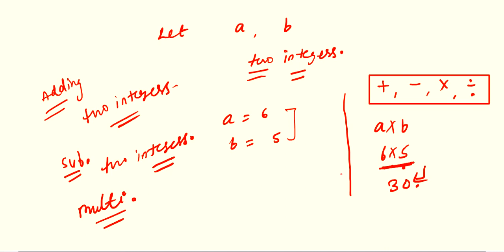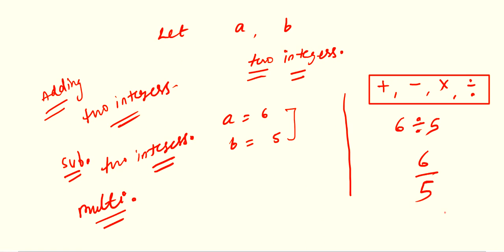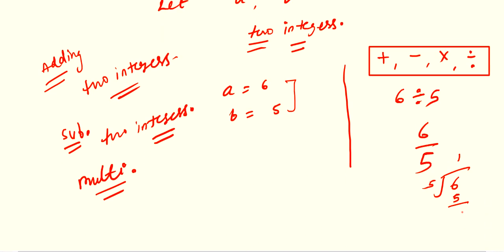Now what about division? For example, 6 divided by 5. 5 ones are 5, remaining 1, then 1 is not divisible by 5, so we take a decimal and this 1 becomes 10. Now 5 twos are 10.